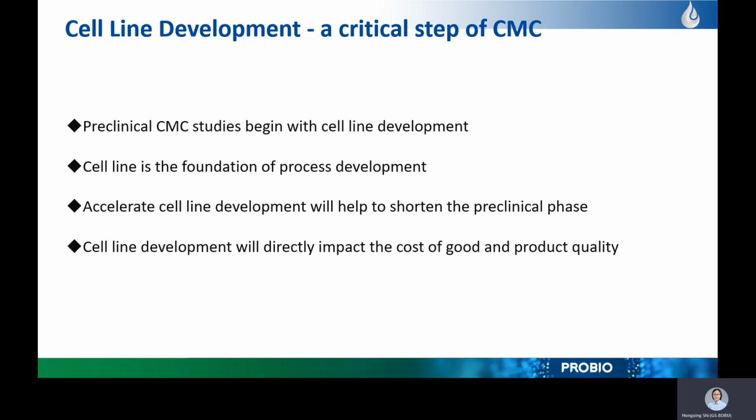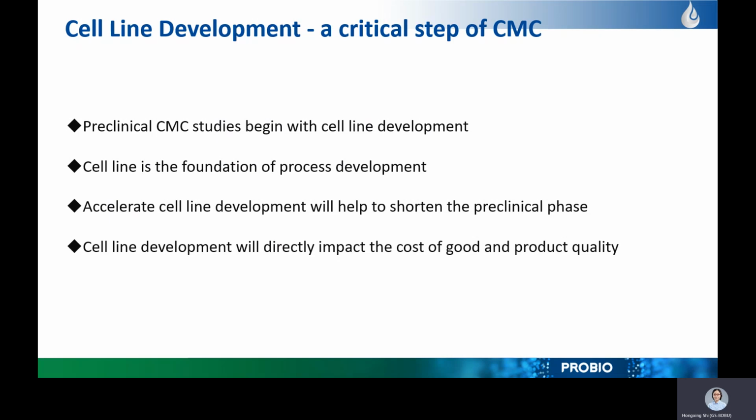A stable cell line with satisfied yield not only makes the development process efficient, but also helps reduce the cost of the entire production. Quickly obtaining stable and high-expressing cell lines is a direction that every scientist pursues in cell line development.